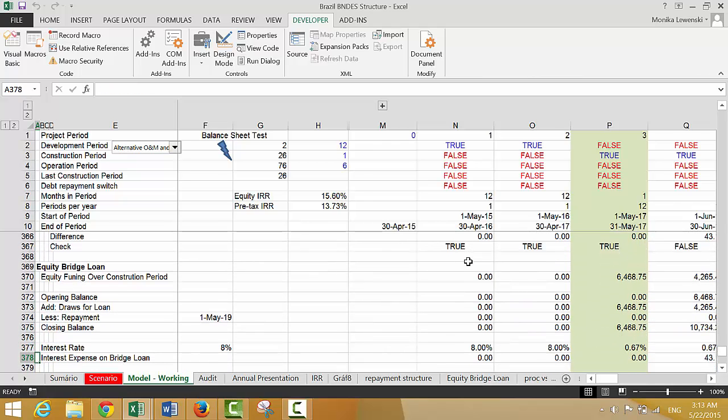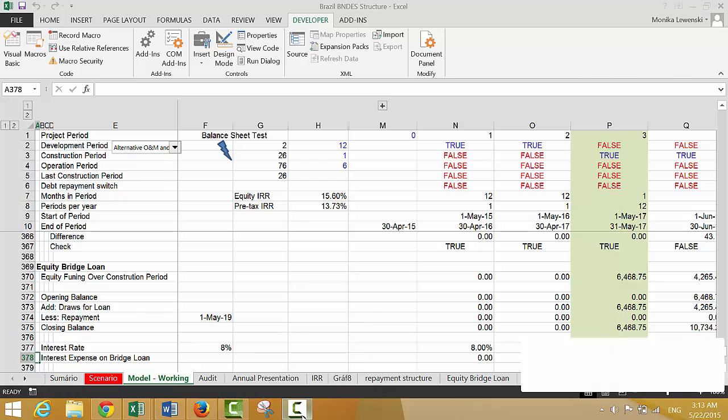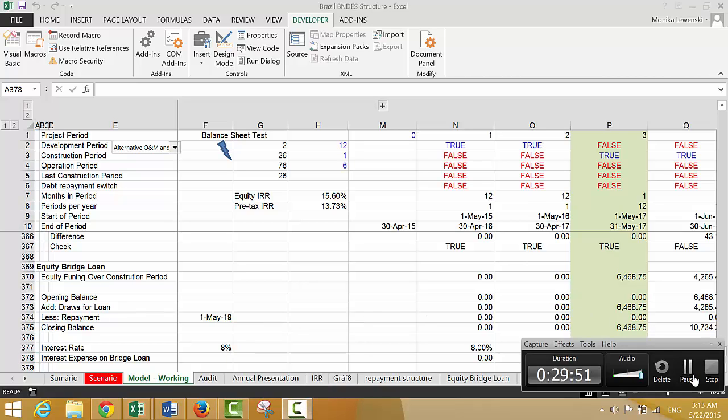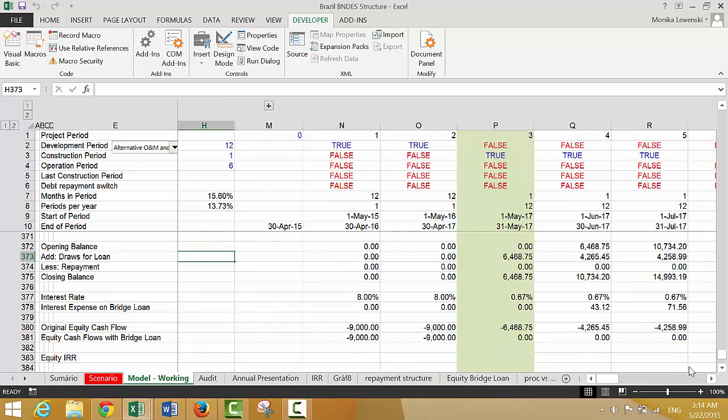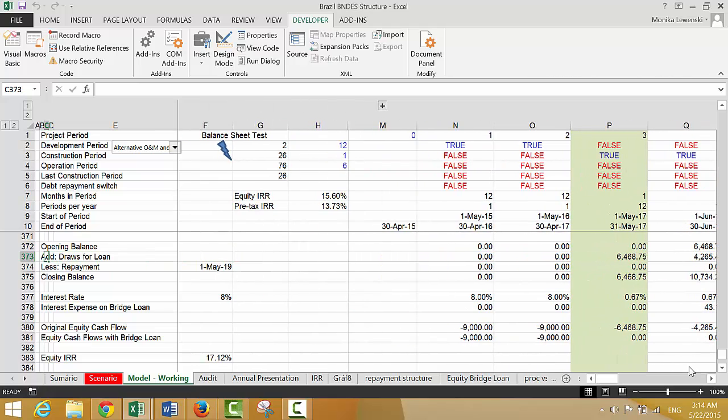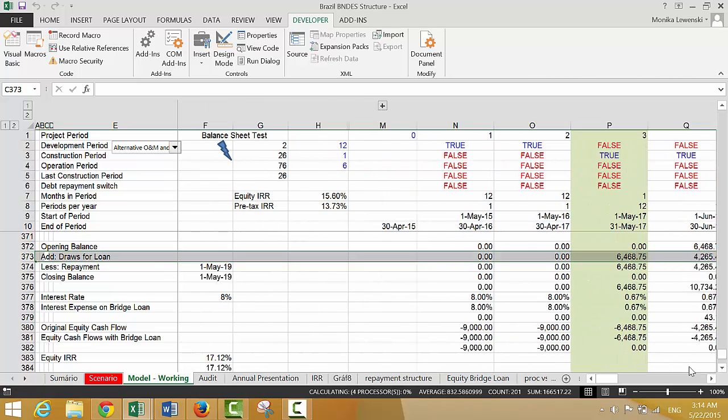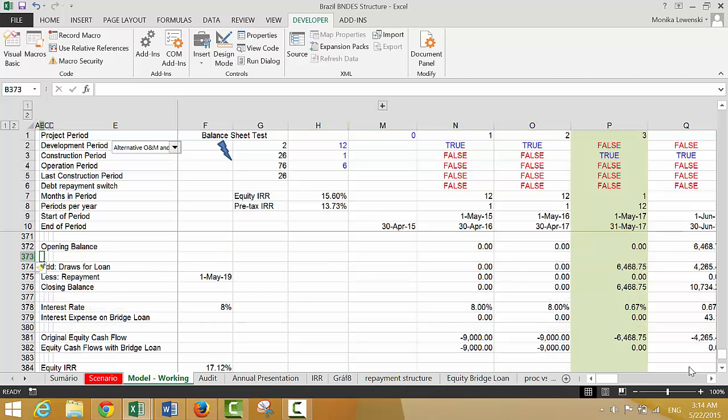Okay, I'm going to just have to stop and think about this for just a minute. Okay, well, I did make a mistake. That's hard to believe. Okay, add the capitalized interest.